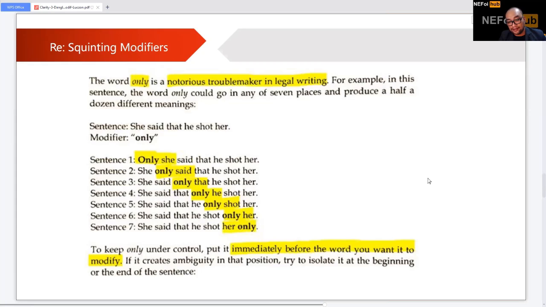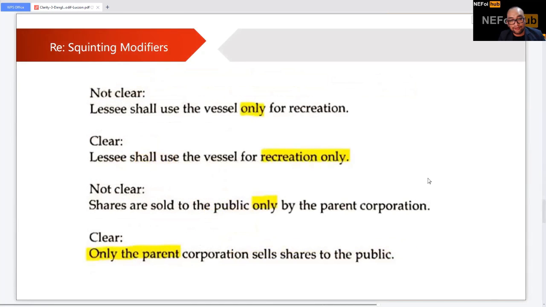Fifth modifies another action, which is the shooting of a firearm or a gun. Six and seven modify the female person. Yeah. So, she said that he shot her only.